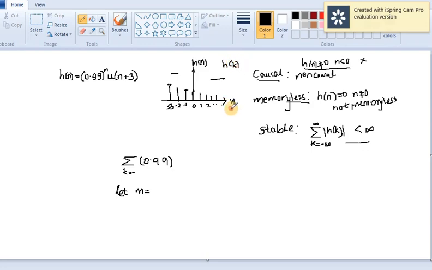Then k runs from minus infinity to plus infinity in general, but for this problem, k's value is from minus 3 to plus infinity, of 0.99 raised to k.